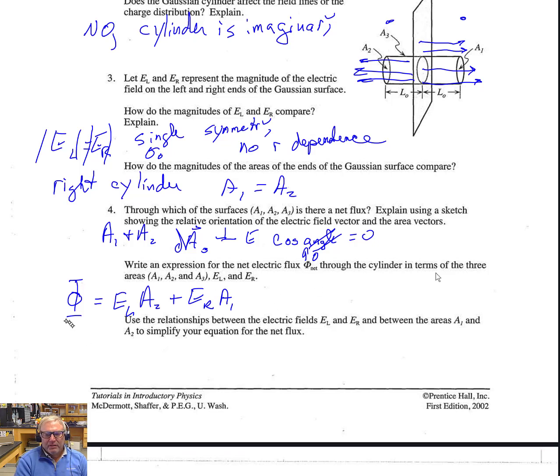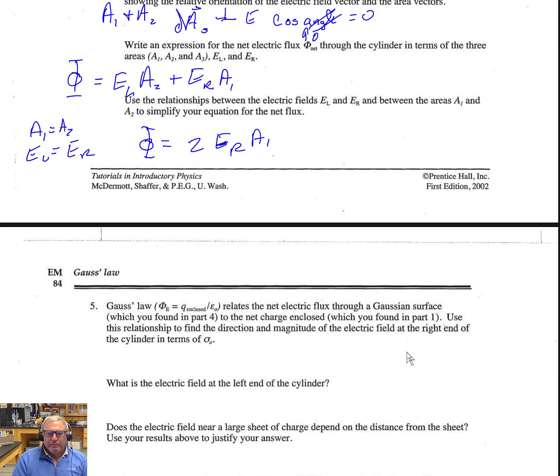I want to simplify it, so A1 equals A2, E left equals E right, so the flux equals 2 times E right A1. Usually we find the magnitude of the electric field at the right end.